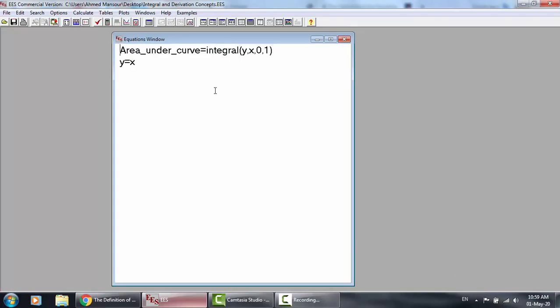So now, gentlemen, using Engineering Equation Solver, here the area under the curve is the integral of function y, which depends on x. So x is the variable we're going to vary, okay, from 0 to 1.